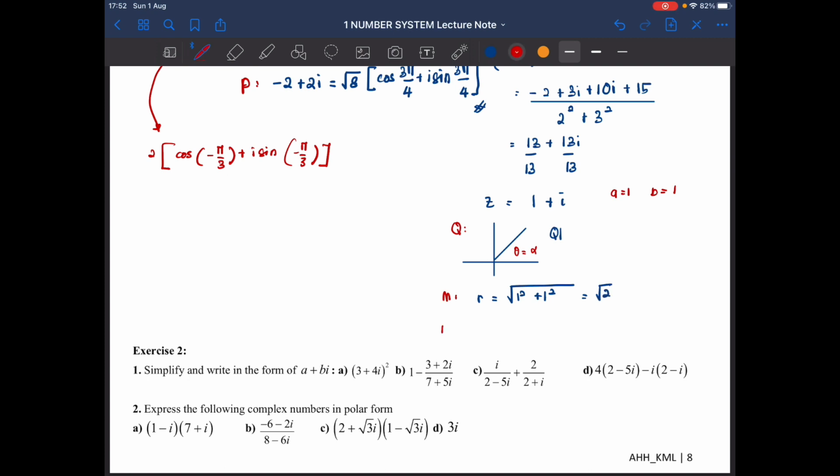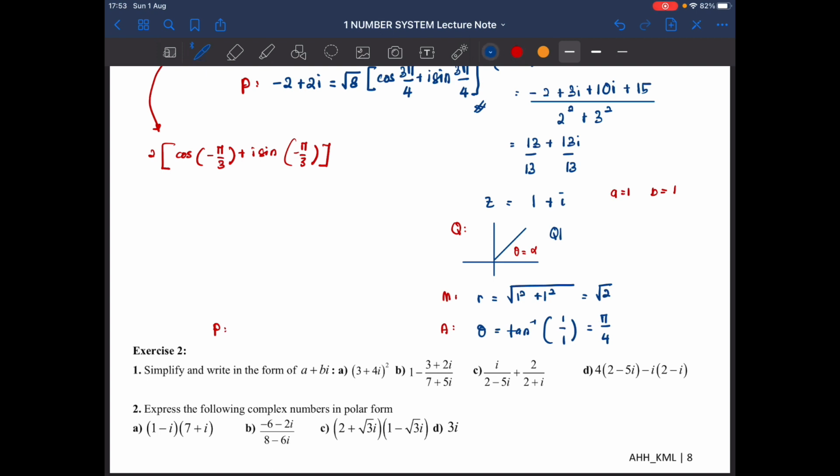The next part is argument. We have already written the argument here. Theta is equal to alpha. Alpha is inverse tangent of 1 over 1. Inverse tangent of 1. Does everyone know how to press inverse tangent? I forgot to ask. Shift tangent. So we will have pi over 4. And the last one, the polar form.